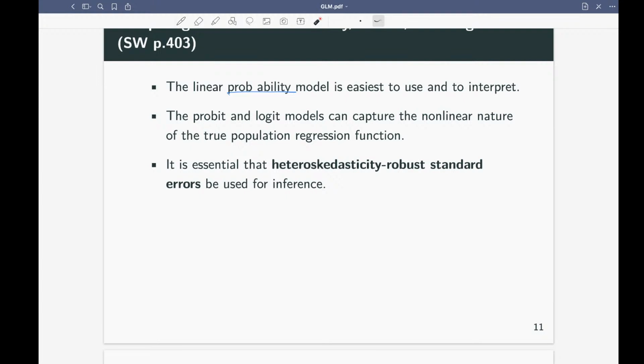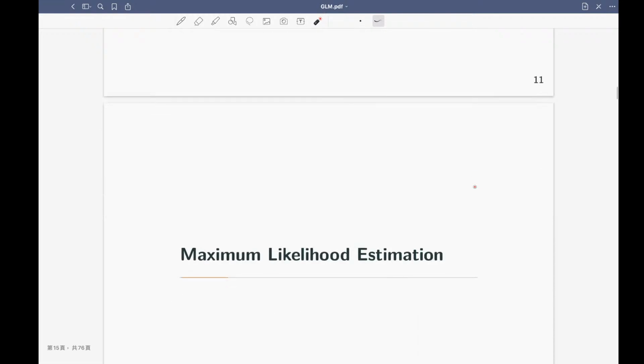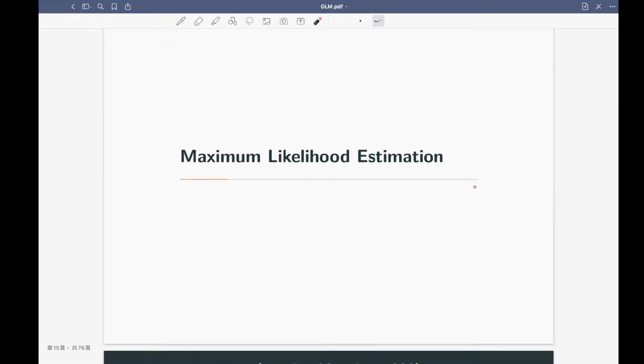In your homework, you should use the robust standard error HC1, not the homoscedasticity standard error that is the default in R. Okay, and now we introduce the estimation method. In this chapter, we will use maximum likelihood estimation. Sometimes we abbreviate this as MLE.